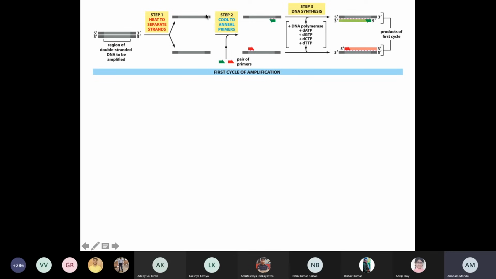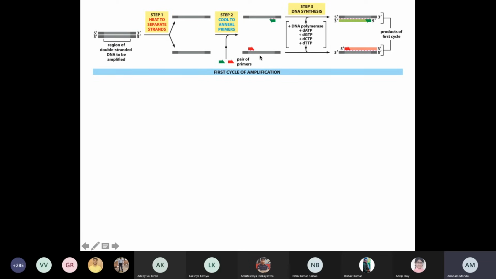So you bring it down to around 50 degrees, so that these primers can now anneal to their complementary region in the target DNA. So now the primer has annealed. This initial stage is known as denaturation or heat denaturation.